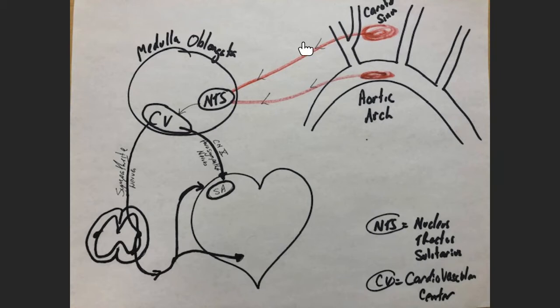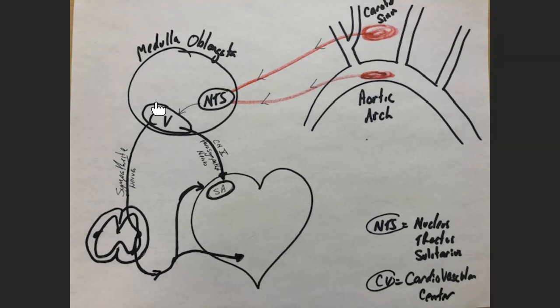Cranial nerve 9 comes from the carotid sinus to the nucleus tractus solitarius, and cranial nerve 10 comes from the aortic arch. That nucleus now fires into another part of the medulla oblongata, the cardiovascular center.